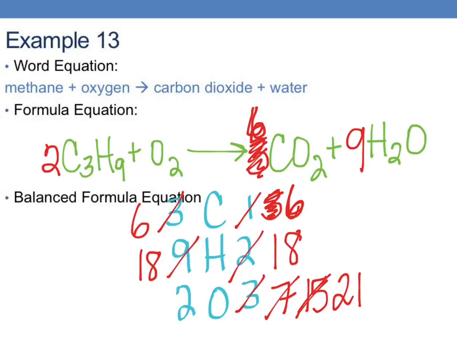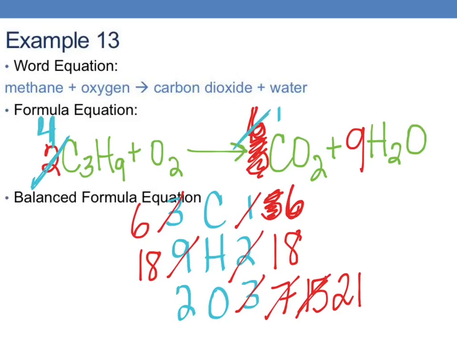I cannot do halves at all in this class. So the thing I'm going to do, so I can get it to an even number, I need to get oxygen to an even number. So the first thing I'm going to do is just double everything I've already written. This becomes 4.